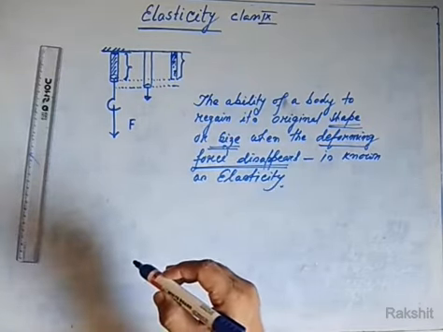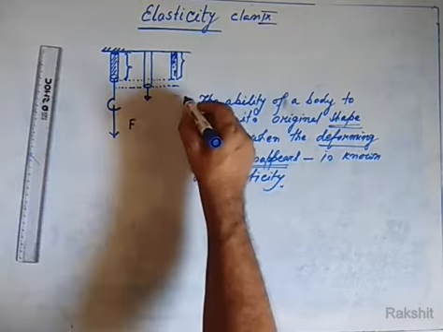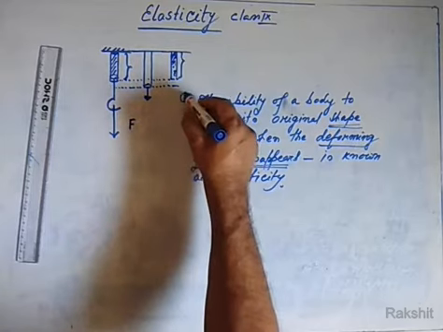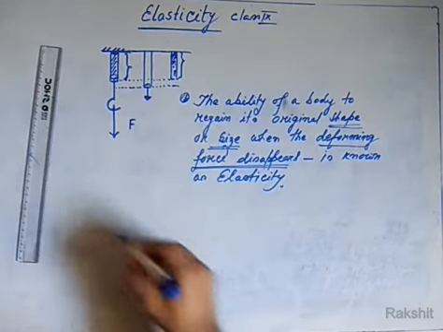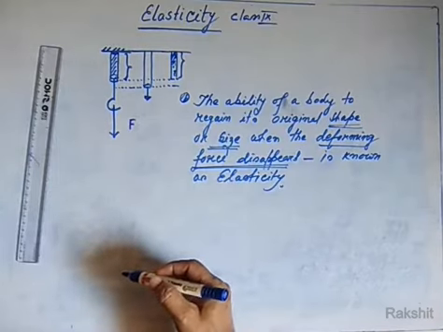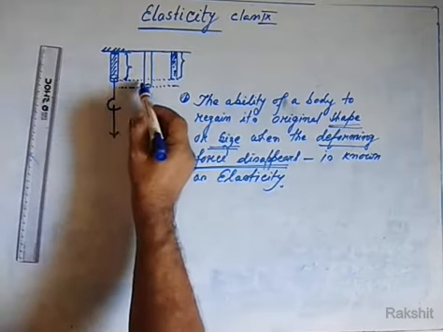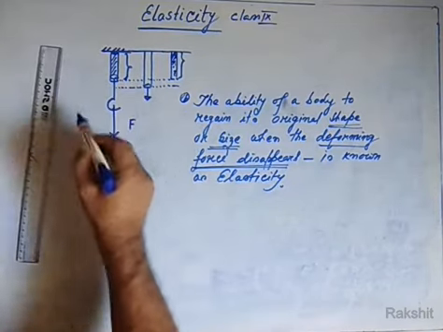Now, there are so many kinds of bodies, and the effect of deforming force is different for different bodies. Suppose if we take a rubber tube, it will be elongated to some extent.